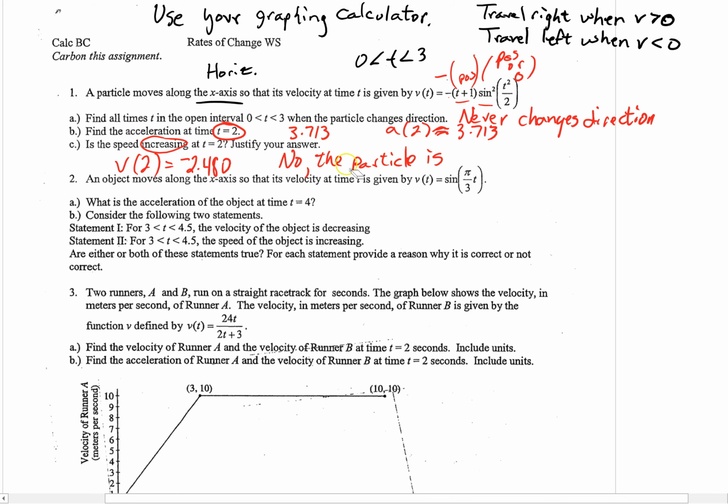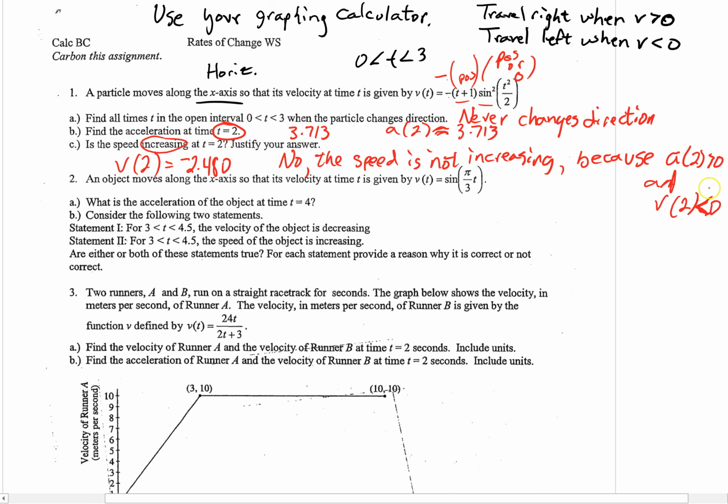Or you can just answer the question directly. The speed is not increasing. You're actually slowing down. If you wrote slowing down, that's fine, because a of 2 is positive and v of 2 is negative.